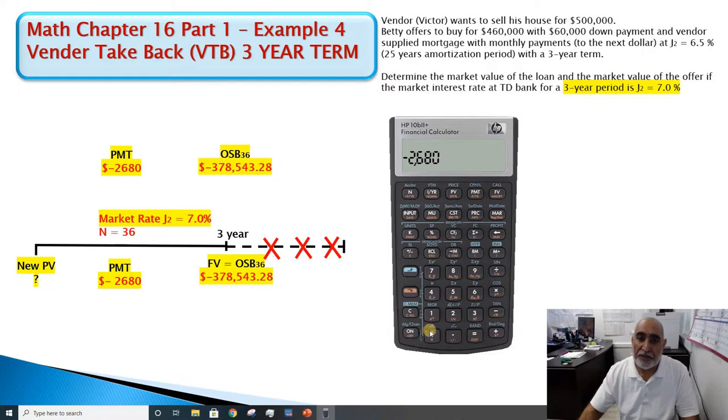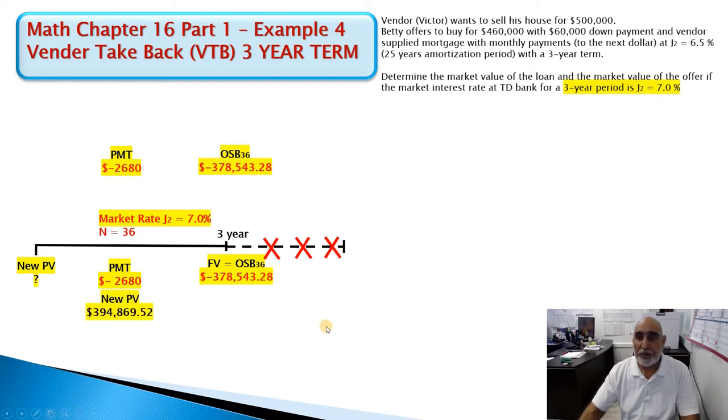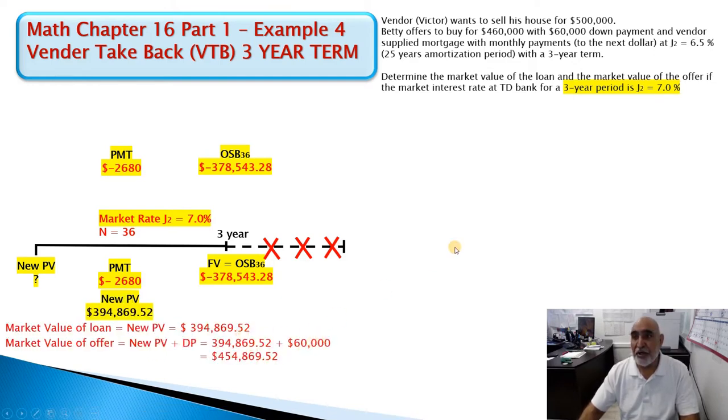And FV is 378,543.28, with a negative. FV is money owing. Okay, that's your FV. And PV, 394, is the market value of the loan. And the market value of the offer will be 394 plus whatever down payment, so 454.